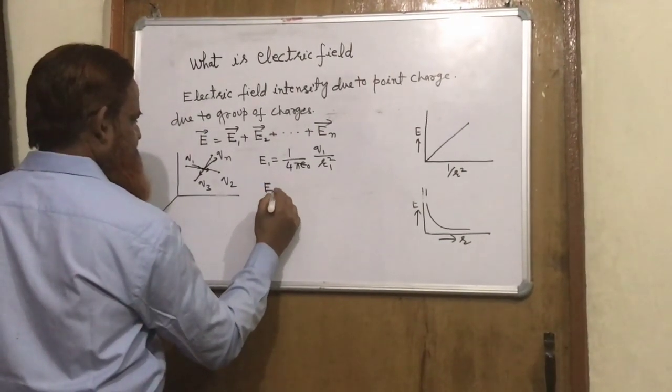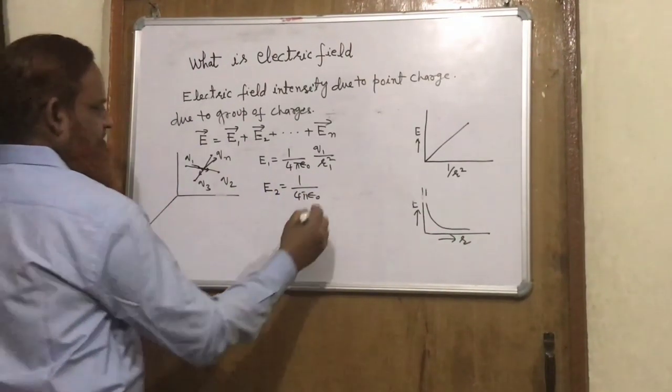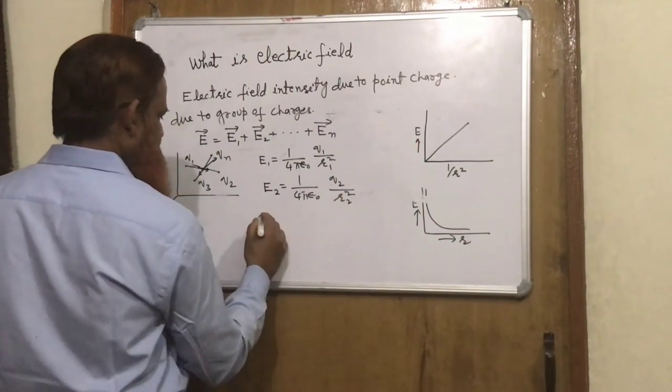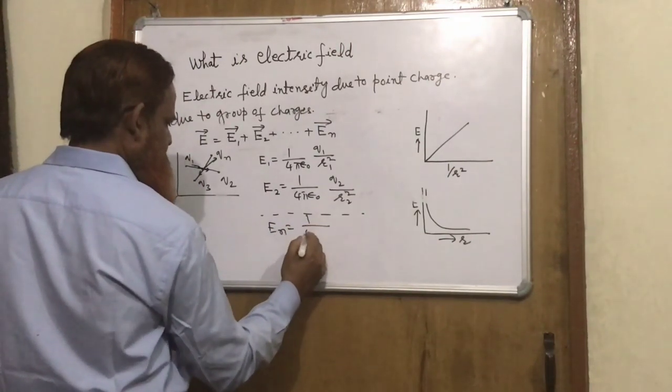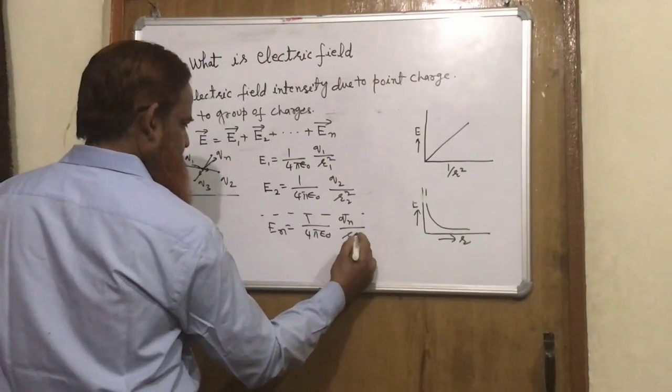In the same way E2 is 1 upon 4 pi epsilon naught Q2 by R2 square, and En is 1 upon 4 pi epsilon naught Qn by Rn square.